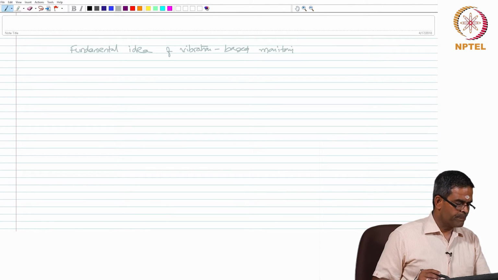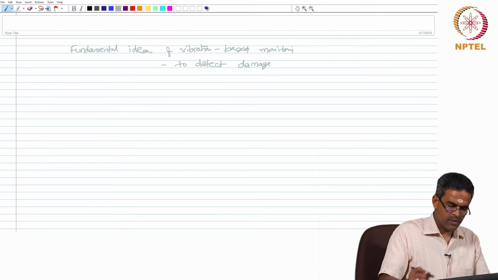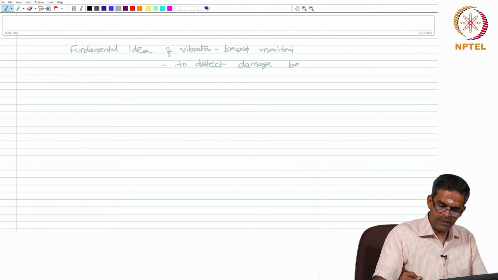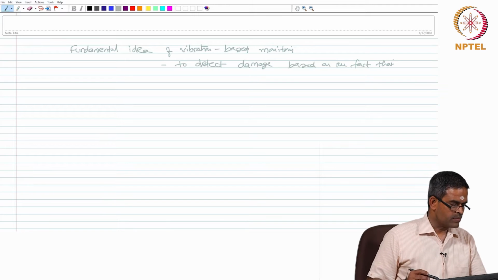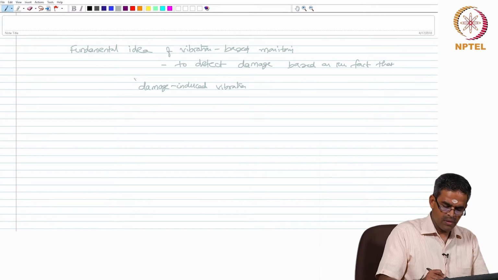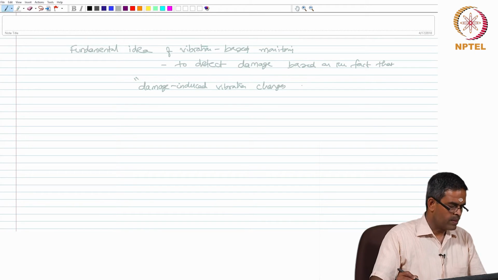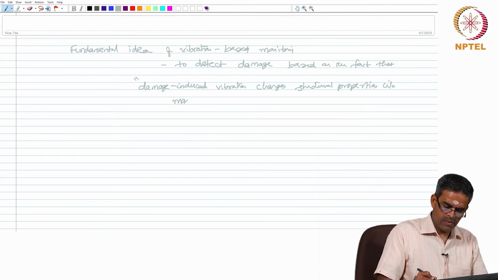The fundamental idea is to detect damage based on the fact that damage induces vibration changes in structural properties like mass, stiffness, damping.